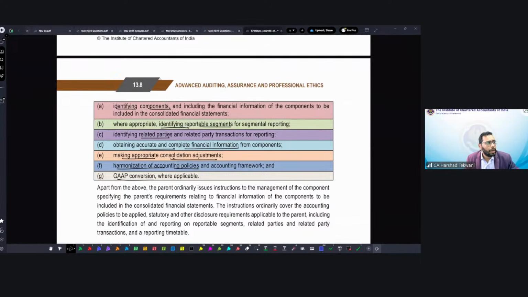If no doubt, can anyone tell me quickly, under which section of the Companies Act is a company required to prepare consolidated financial statements? Where does the requirement lie under the Companies Act?